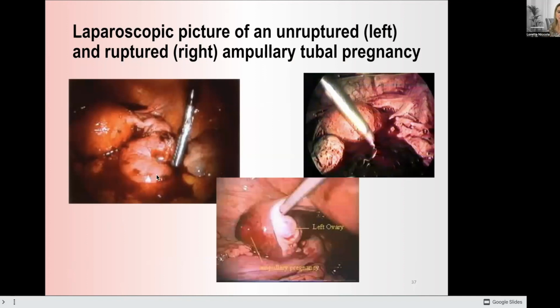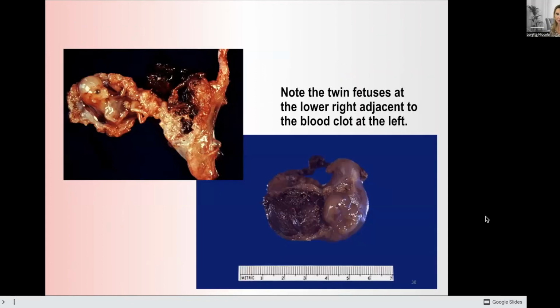So here you can see the tube has an ectopic pregnancy inside, and then this one is where it ruptures. So you can see all this dark red blood, and she can bleed out pretty quickly. Showing some bleeding and blood clots here, left ovary there.